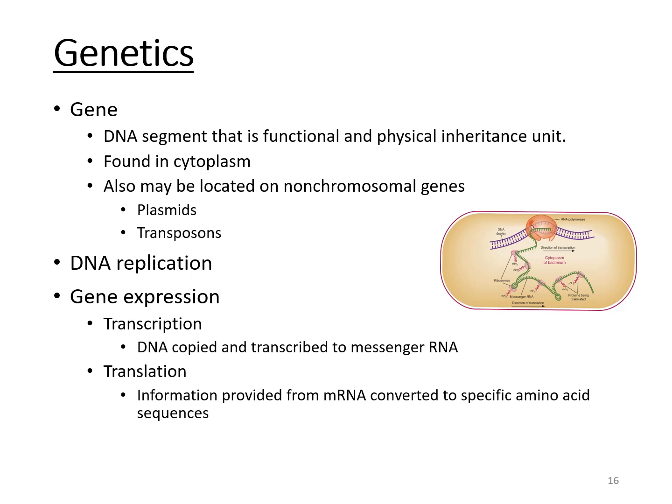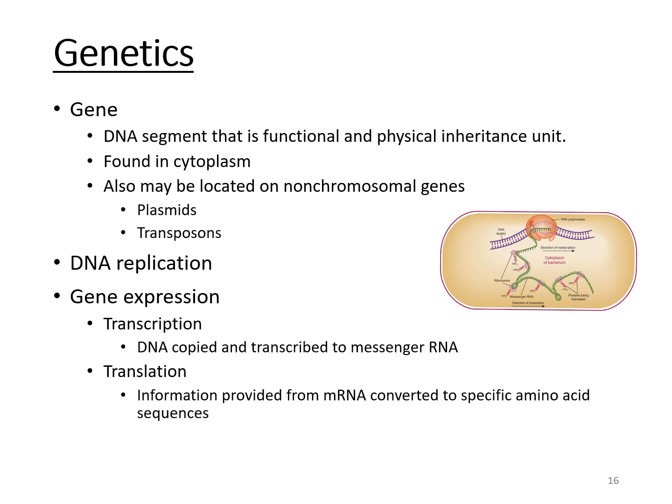Now, each of the genes within that organism are going to contain that particular organism's genome. So the genome of an organism is going to include the particular chromosomes and the extra chromosomal mobile genetic elements that are within that cell.